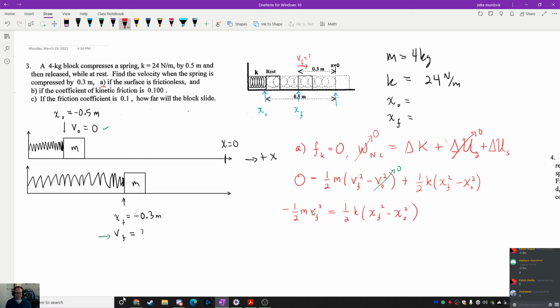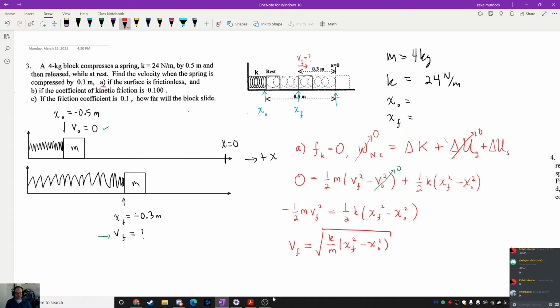And we just want to solve for v. So isolating the velocity, final velocity is going to be equal to the square root of k divided by m multiplied by x final squared minus x initial squared, and I've canceled out the halves. Because there's a half on both sides, we can just cancel those out. So that becomes our expression right there.